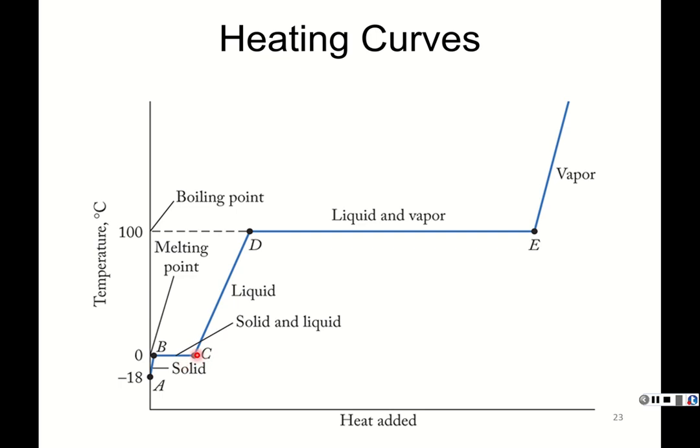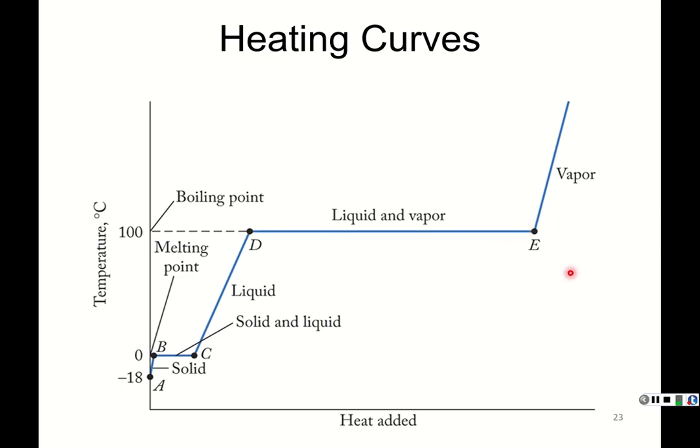Once we change that into a liquid, we add more heat to it, and that heat can be used to raise the temperature of the liquid water. We do that until we get to 100 degrees, which is the boiling point of water. Then the heat being added has to go into changing from a liquid to a gas.